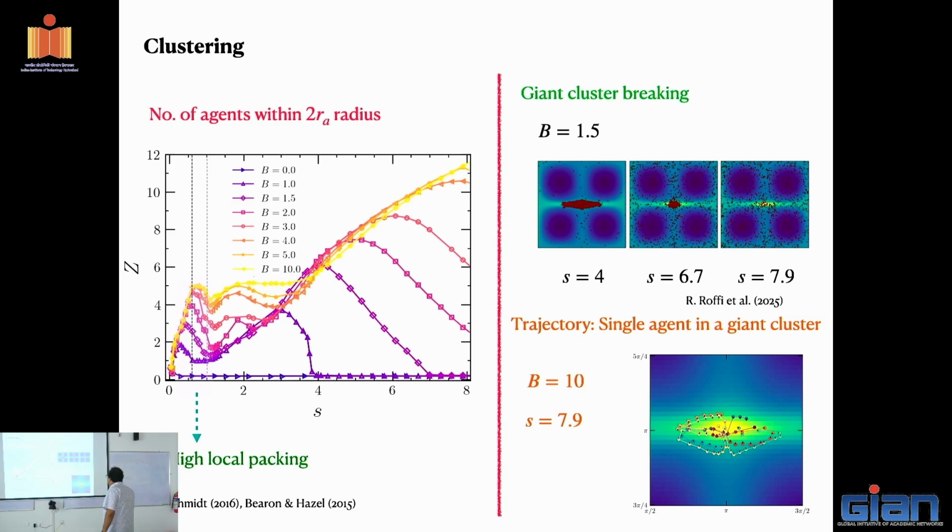But you can consider a situation where B is large. You would of course expect the cluster to survive for a larger value of the swimming speed. As I was saying, you may think that everything is jammed, but it's not. If you look at the single trajectory of a particle, let's say which starts from here, this is roughly the size or the area of the giant cluster.